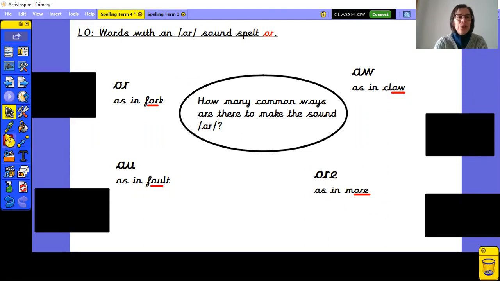Now, what are we going to do with this sound? Today, we're going to focus on this one, the O as in fork. So your spelling words will be based on the O, O-R, but we'll do like a tiny game with the others spelling as well.